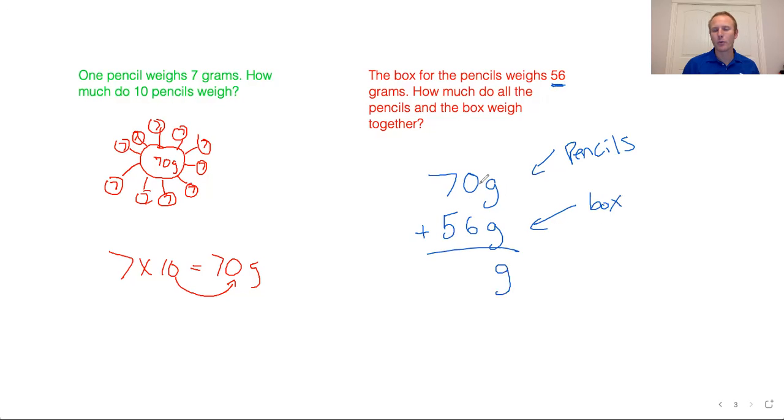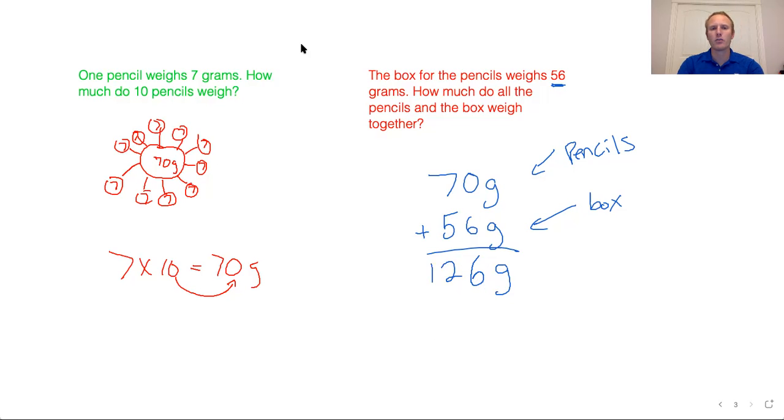We already know that because these are both in grams. 0 plus 6 is 6. Oops, let's try that one more time. A little lag there with my pen. Perfect. 70 plus 50 is 120. So we put a 1 in the hundreds place, a 2 in the tens place, and we have our 6 in the ones place. And 126 grams is what we get for an answer for the total weight of those together.